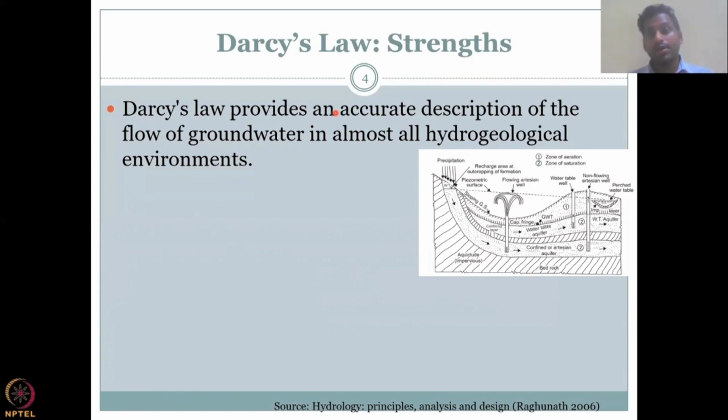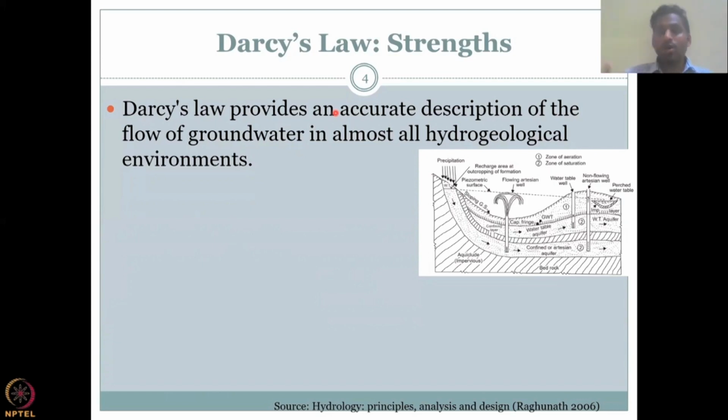And as I've already shown in class, I don't have to go to the field to find K. What I do is I quickly understand what is the geology present, what is the type of matrix, which is the soil or the type of geology present. And then I go to my book, the groundwater book by Freeze and Cherry, where the K values for any material on the planet are given.